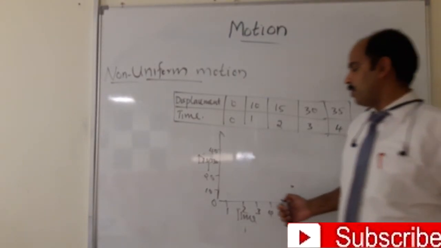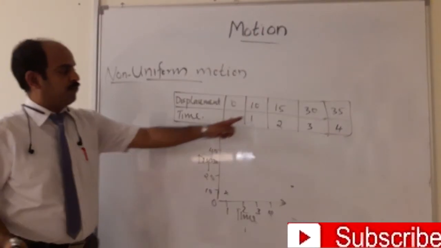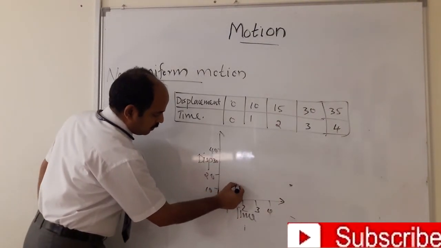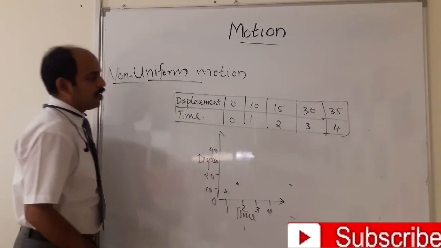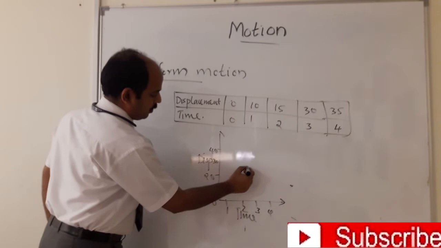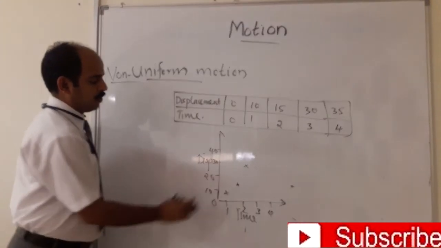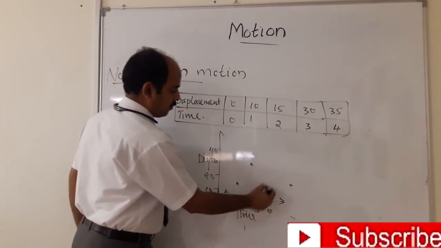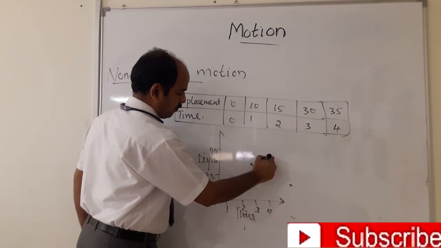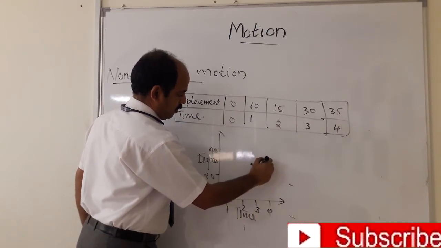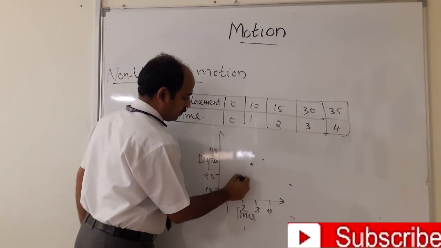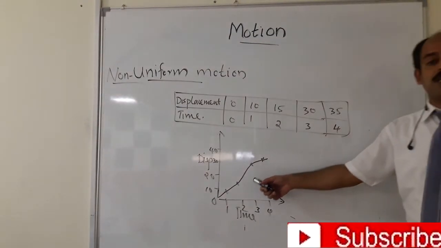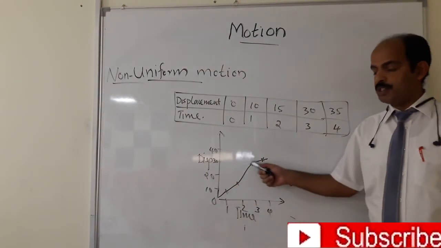Then after 2 seconds it goes to 15. Then after 3 seconds, 30. Then after 4, it will be 35. See, when you combine these points, you can see that it is not straight, right? It is a curve. It is not straight.